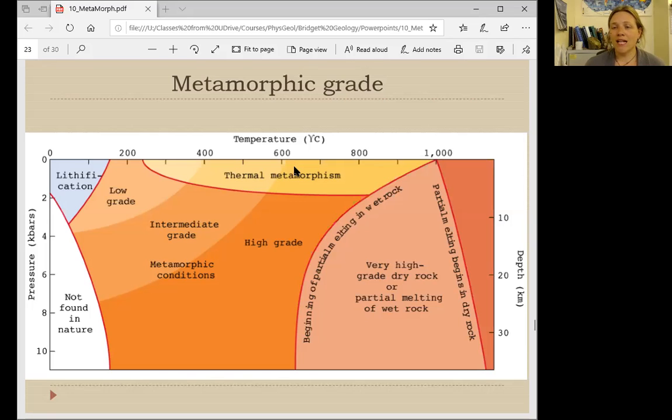And there may be some kinds of shearing environments closer to the surface created by transform boundaries or other kinds of earthquake movement that might create increases in pressure that don't necessarily correspond with really great increases in temperature.